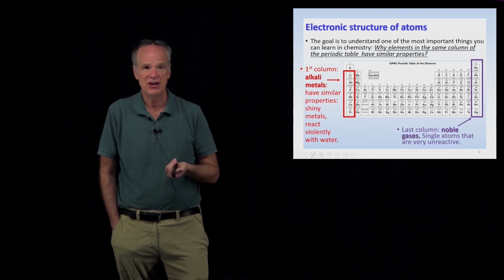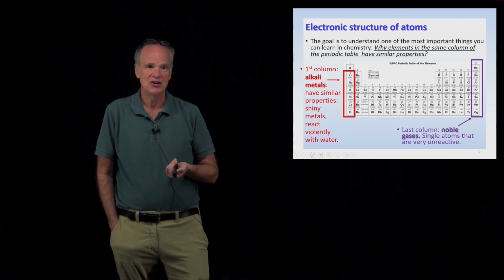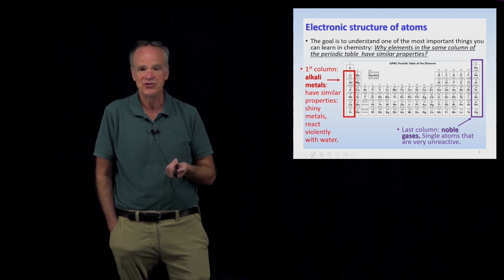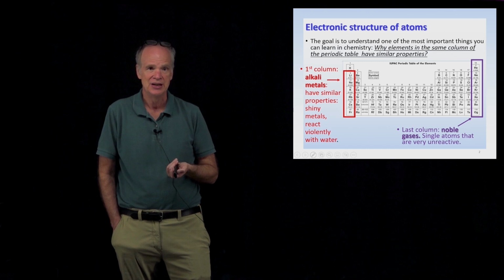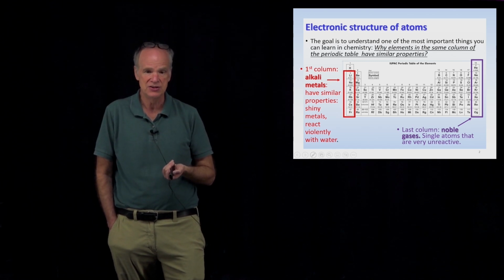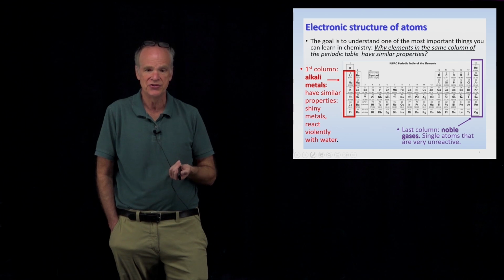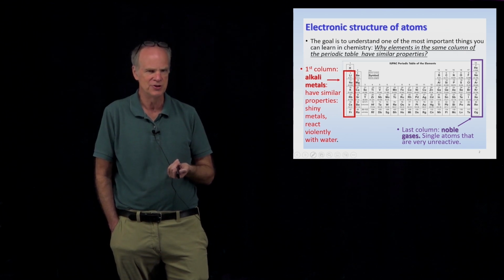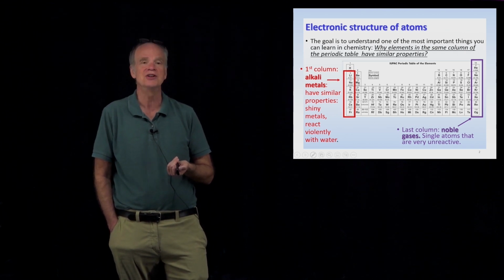Another example of this is the last column of elements, the noble gases. The elements in this group are helium, neon, argon, krypton, xenon, radon, and I forget what Og is, but don't worry about that because you don't have to know that one.